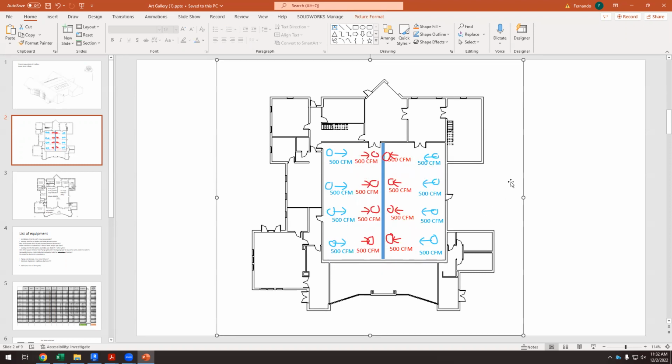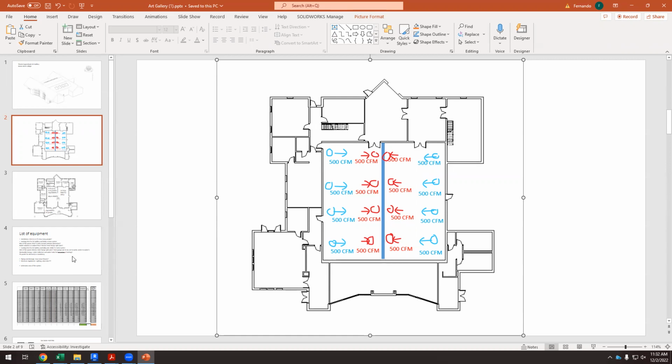Okay, so that makes sense. So in Revit, we need 3, 4, 5 diffusers. I don't mind, okay, but you have to be consistent with the CFM and the number of diffusers and the total CFM that we have in that space.